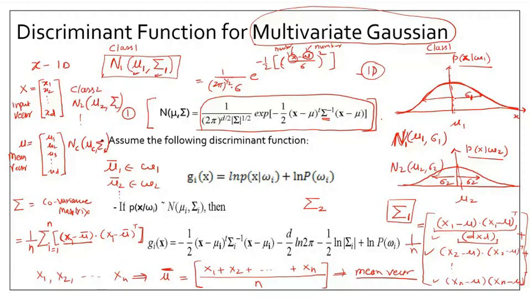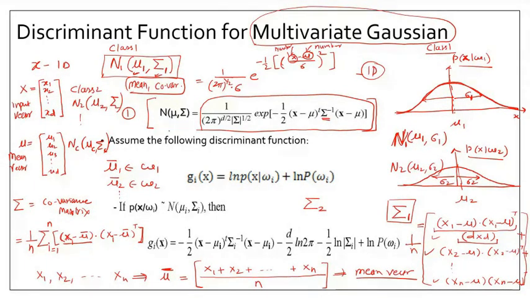We assume that the data is normally distributed. We have to assume this first. Once you assume that our data is normally distributed, then we can compute the properties of that data. You remember that data distribution by computing the mean and covariance.